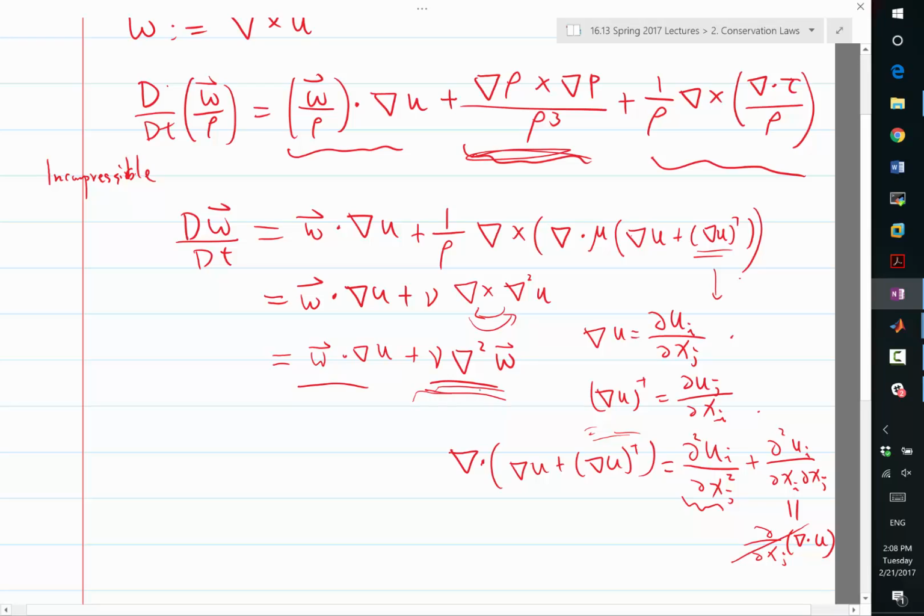Following this term, if we have an infinite gradient, actually you only need to have an infinite second order derivative for you to have an infinite time derivative of the vorticity. So basically your vorticity is going to diffuse out of the vortex core.